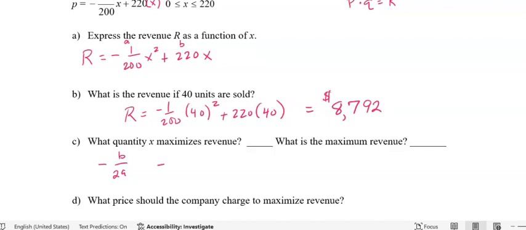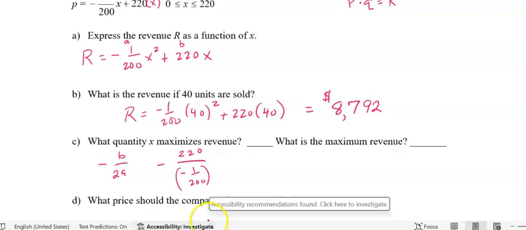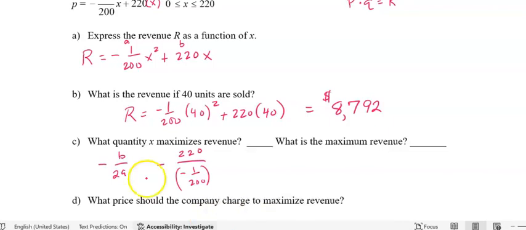So the opposite of 220 over -1/200. So it's going to be a positive number. So I'm going to my calculator again. So dividing by 1/200 is the same thing as multiplying by 200. All right, so let's see what that comes out to be. So that's going to be 44,000.